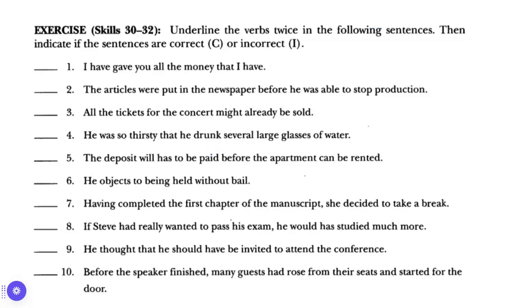Has should be have. 6 and 7, both correct. Number 8, incorrect. Has should be have. Number 9, also incorrect. Be should be been. Number 10, incorrect. Rose should be risen.